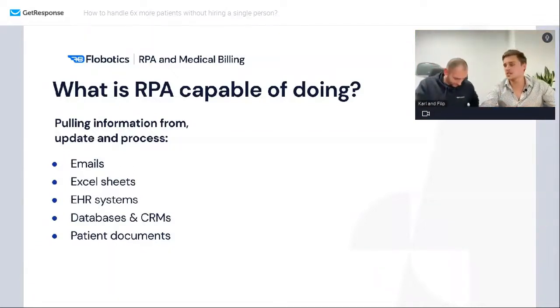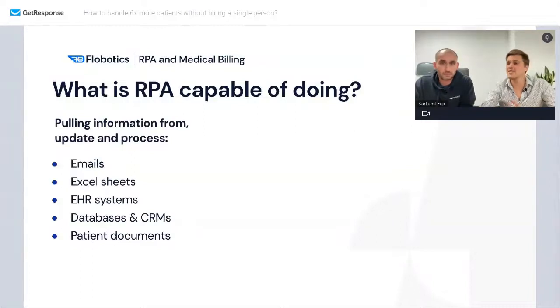What about patient documents, Karl? Oh yeah, that's not a problem. Depending on what type they are, it could be easy or more difficult, because we have PDFs, text files, images, and scans. So there are a lot of solutions to tackle mostly any file you can throw at us.